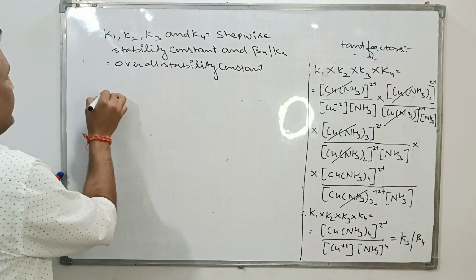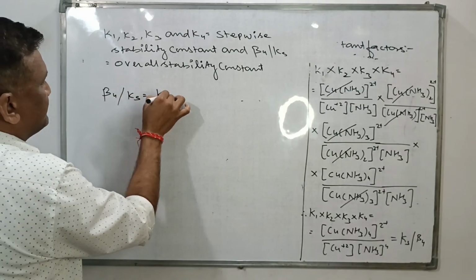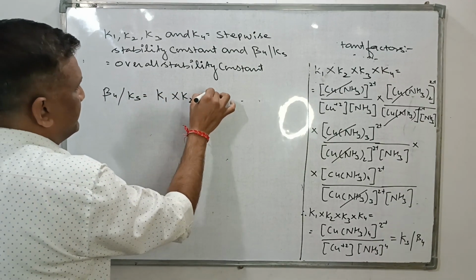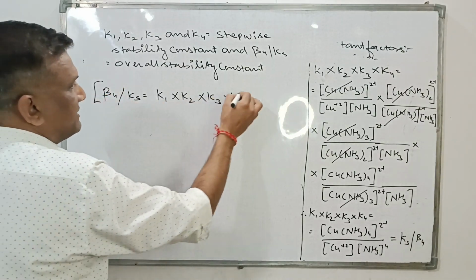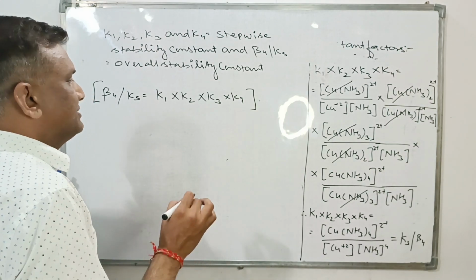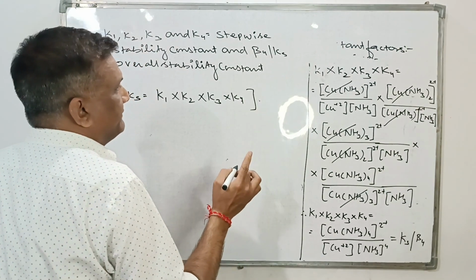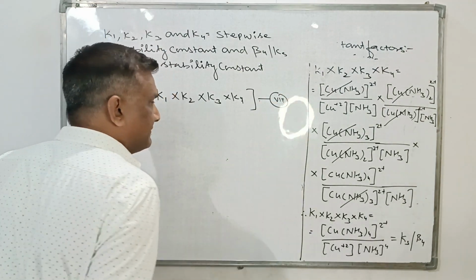You can say beta 4 or Ks is equal to K1 into K2 into K3 into K4. This is the final relationship as an equation. This is the equation number 8.